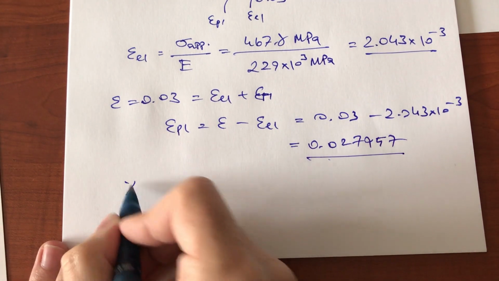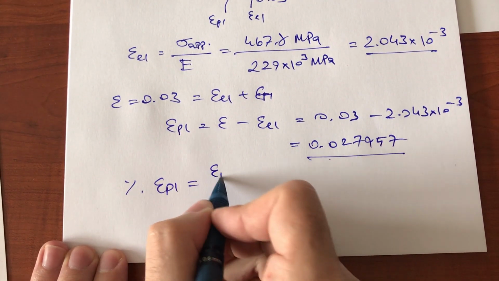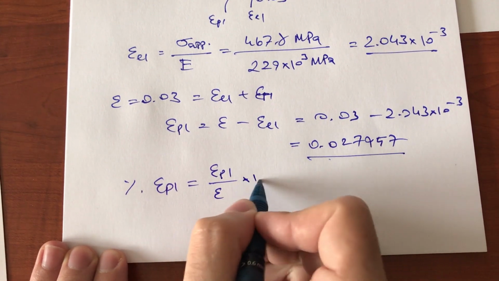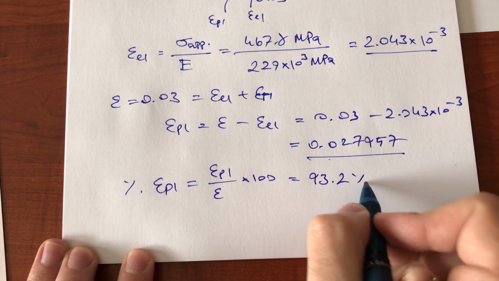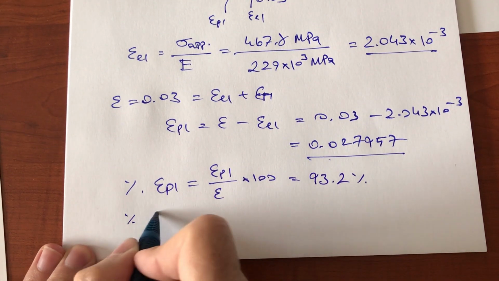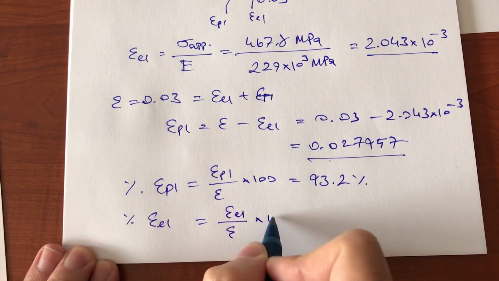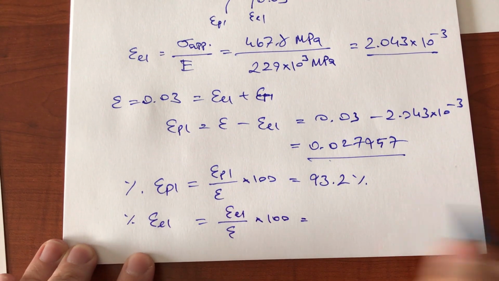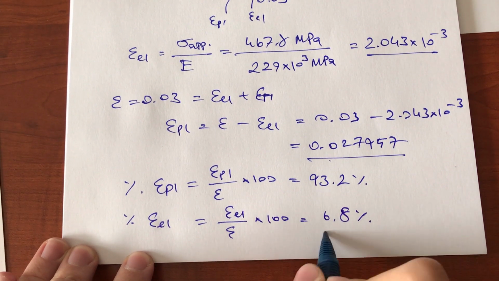And if you convert this to, again, percentages, 93.2% of the strain is plastic, and 6.8% of the strain is elastic.